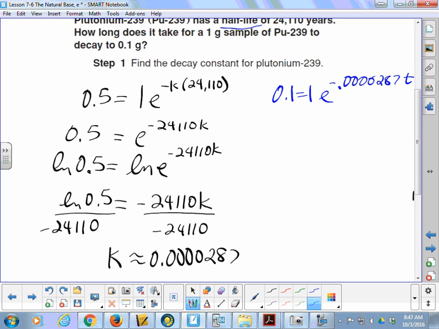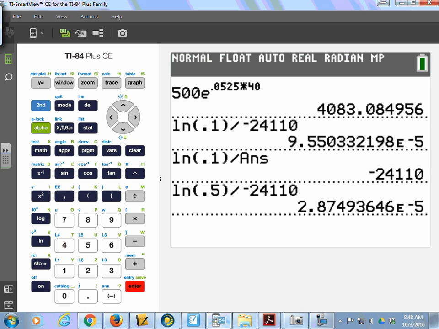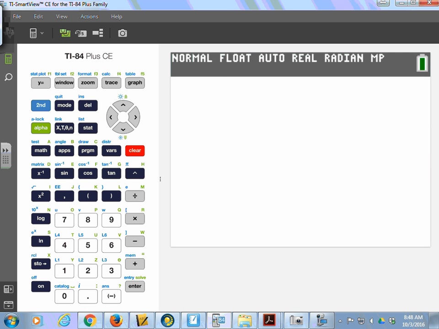All right, so we're going to have natural log of 0.1 equals negative 0.0000287 t. Sorry about that. So I'll divide by that. I knew I was going to make at least one mistake today.